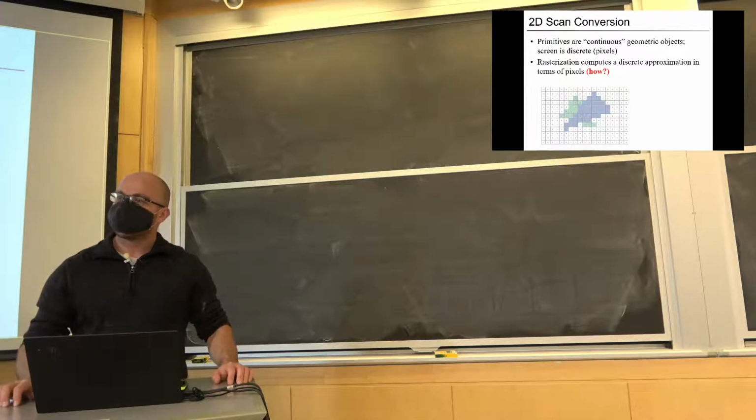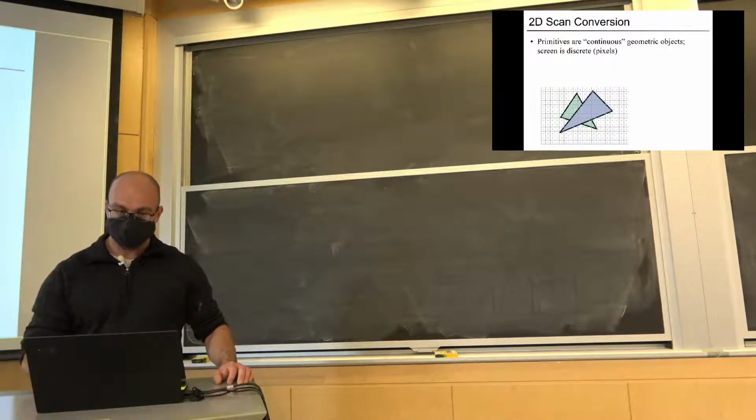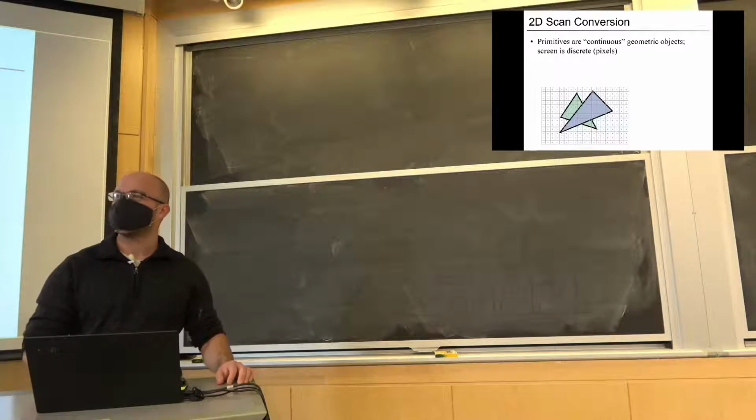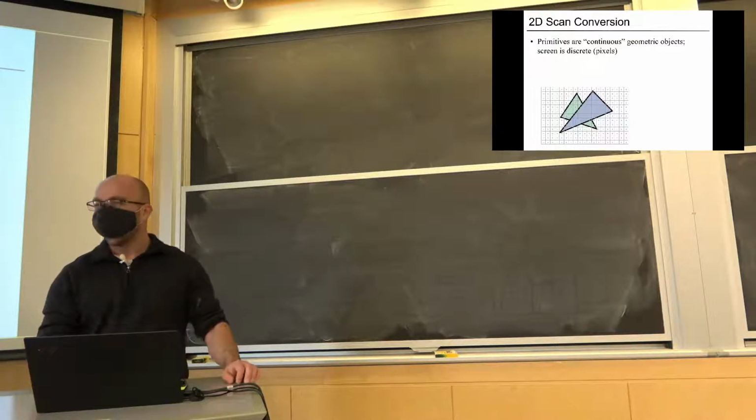Yeah? I was wondering about the rephrase that you made for the problem. Why not keep track of the area? Actually, if you go back one slide before, ah, so you're trying to anti-alias at the same time as rasterize.